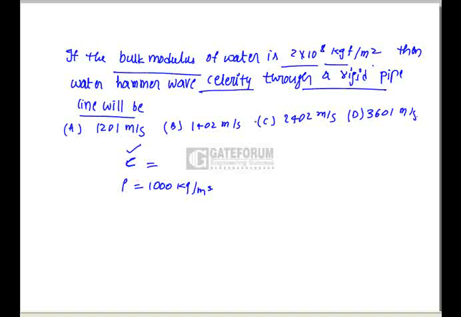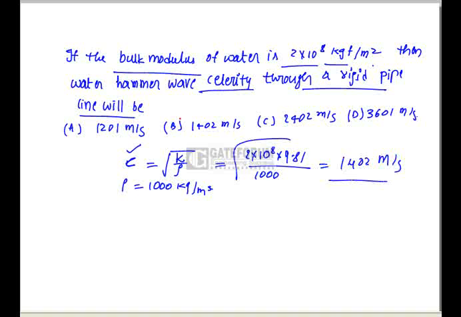Celerity through a rigid pipeline is equal to root of bulk modulus by density of the water, that is equal to root of 2 into 10 to the power of 8 into 9.81 by 1000, which is 1402 meters per second. So option B is correct.